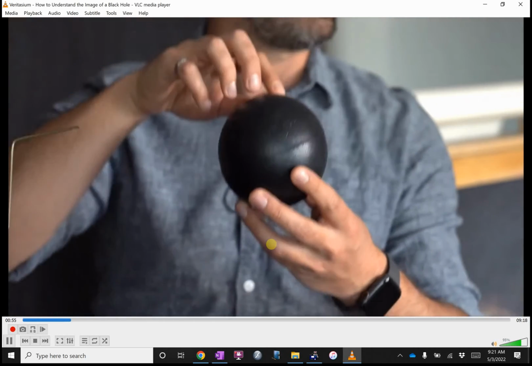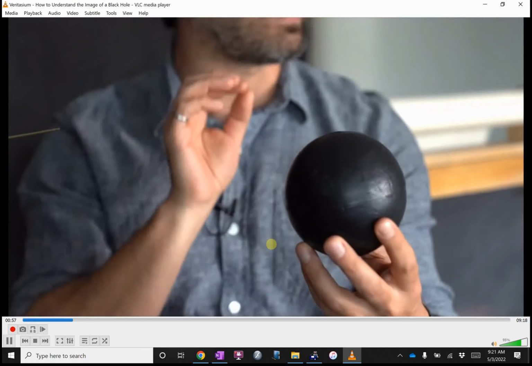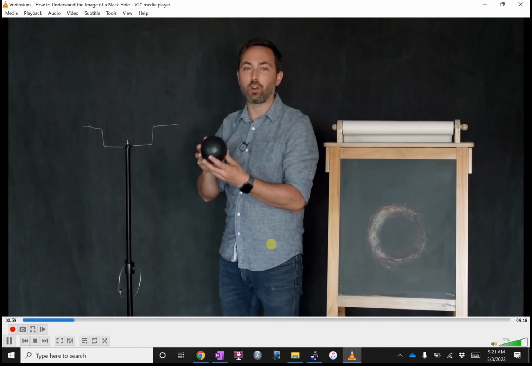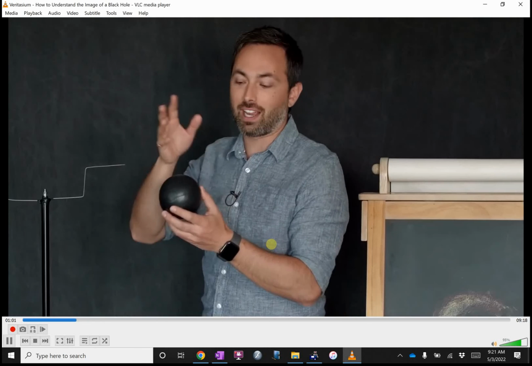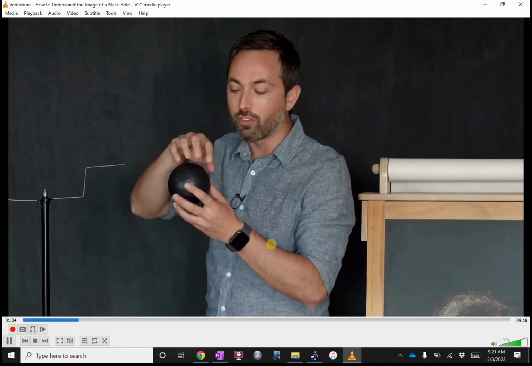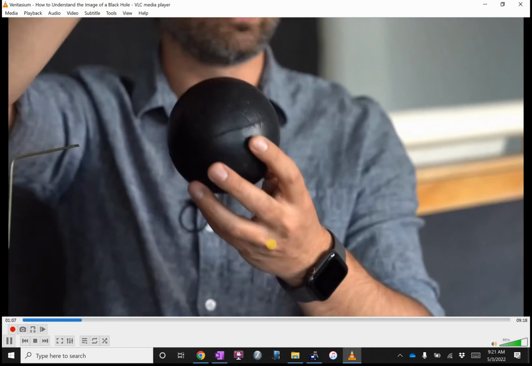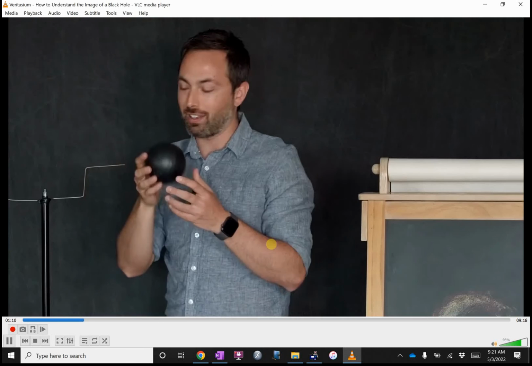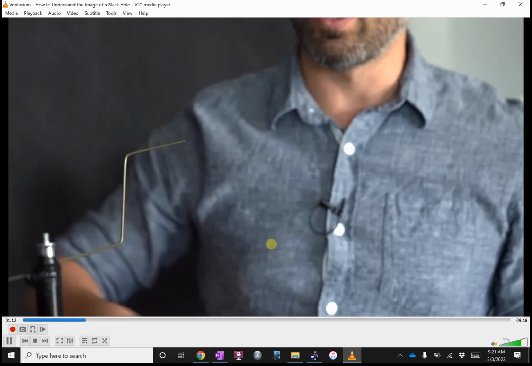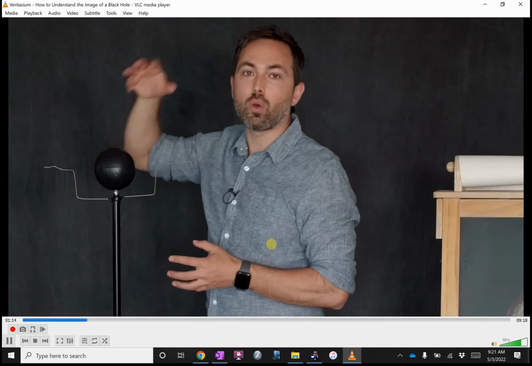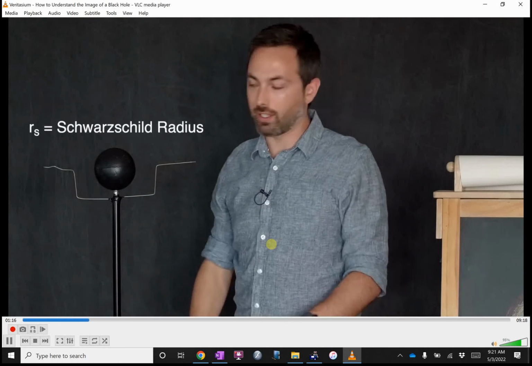That is the location from which not even light fired radially away from the black hole could be detected by an outside observer. All of the world lines end up in the center of the black hole in the singularity. Once you're inside here, there's no coming back, not even for light. The radius of the event horizon is known as the Schwarzschild radius.